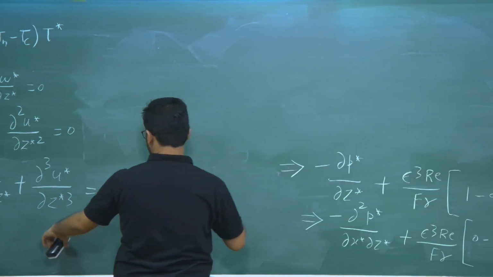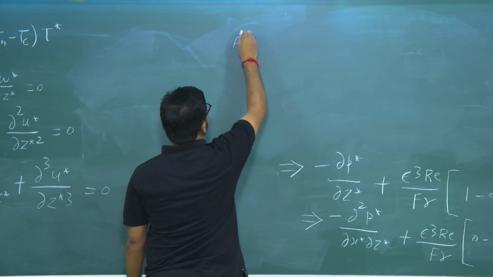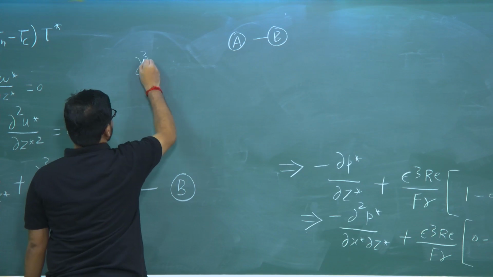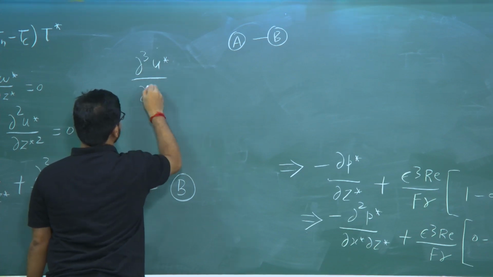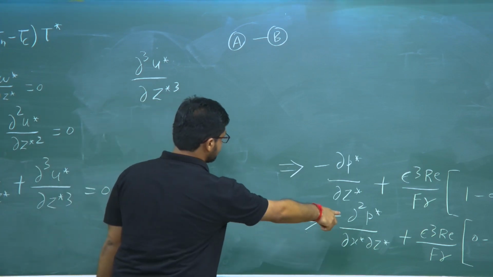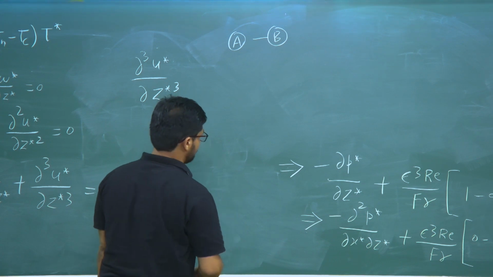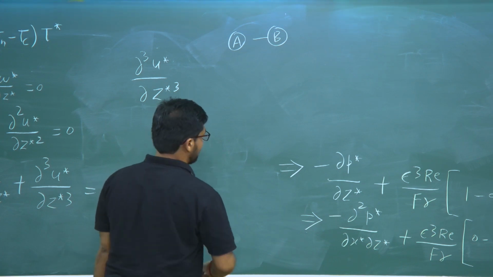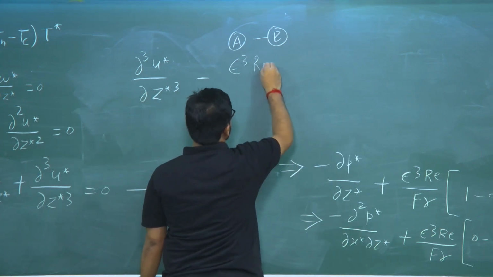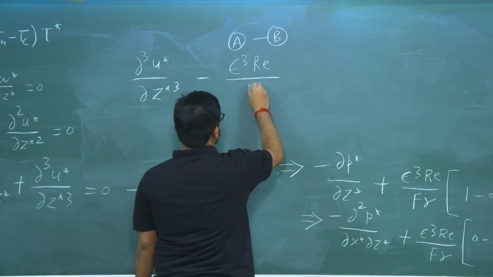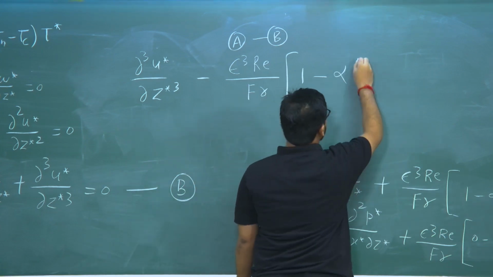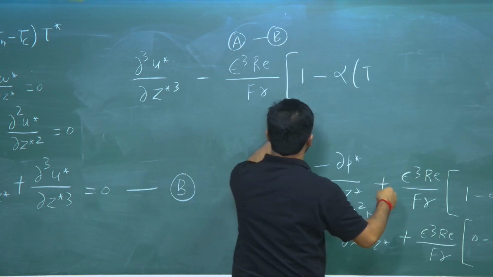So, if you do A minus B, you will get dou q u star upon dou z cube, that minus this term, minus this term epsilon Q Re upon Froude number into 1 minus alpha T h minus, sorry, alpha 1 is not there.